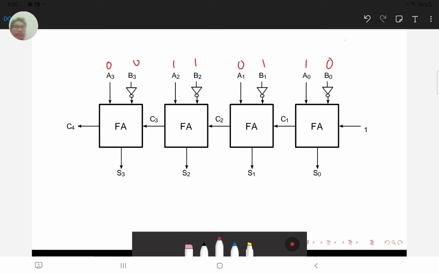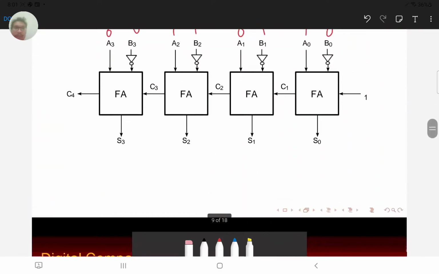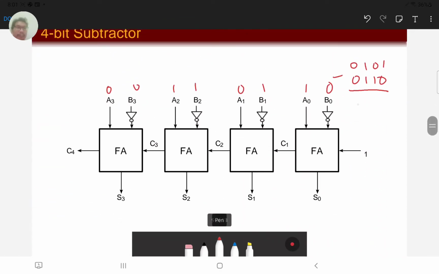So what we want to do is minus. Okay, this is our original equation, but actually what we are doing is 0, 1, 0, 1 plus the complement, which is 1, 0, 1, 0.